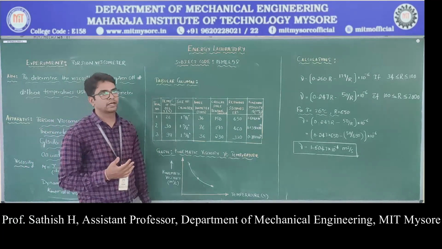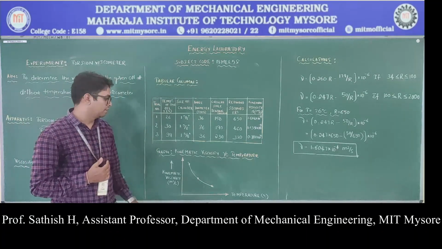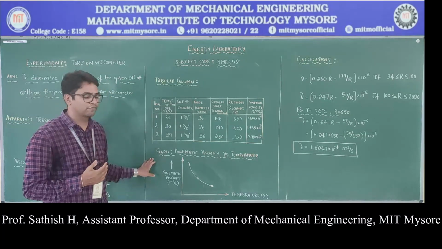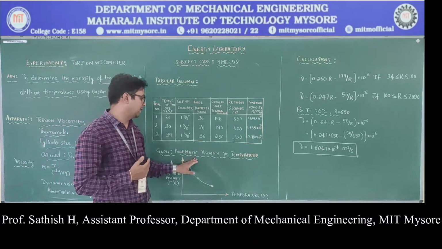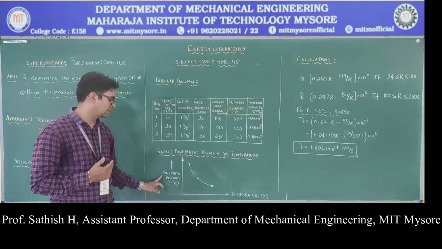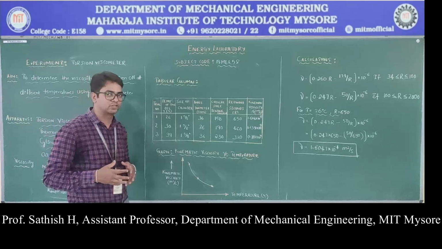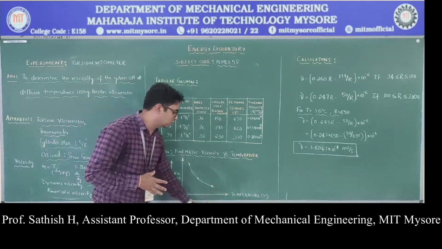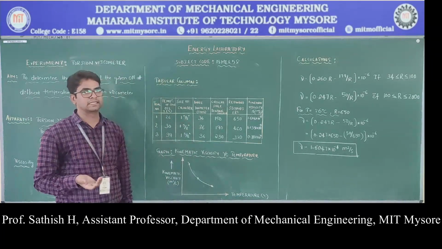After getting these values, we have plotted a graph between kinematic viscosity versus temperature. On the y-axis, we have taken the kinematic viscosity, that is in meter square per second. On the x-axis, we have the temperature in degrees Celsius.